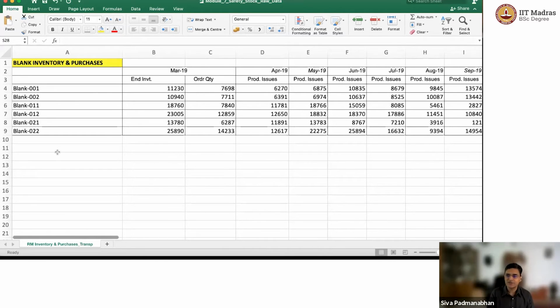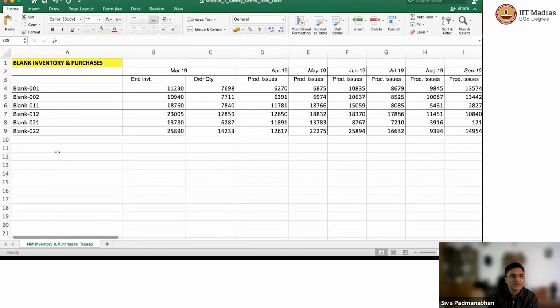Now, as a purchasing department, I am entrusted or I'm asked to make sure that I buy the right quantities of these 6 blanks so that my gear production can happen smoothly without any disruption. There should not be any lack of blanks that is preventing me from carrying out my production schedule of the different gears that I want to make in my production process, right?